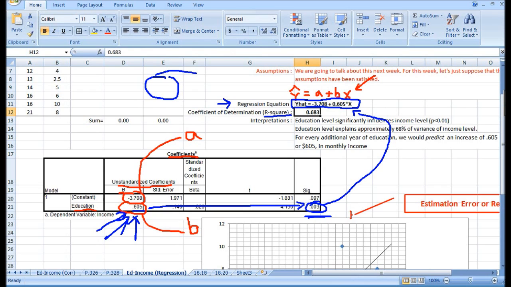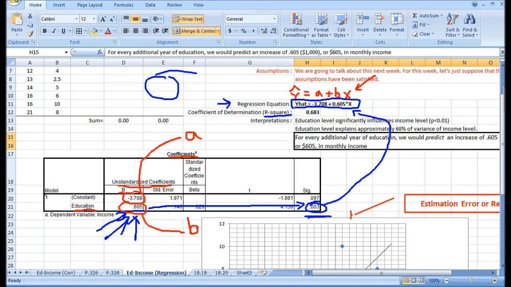The R square here, 0.683, which is 68.3%, means that educational level, this independent variable, explains approximately 68% of variance of income level.